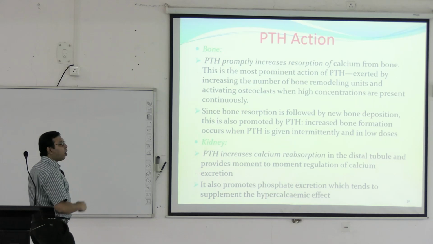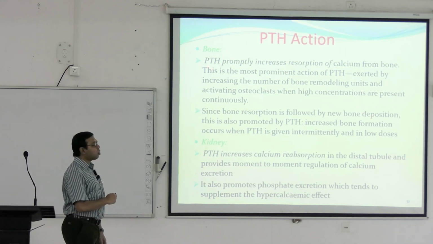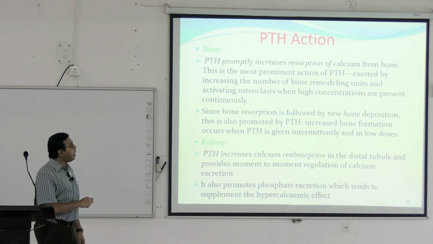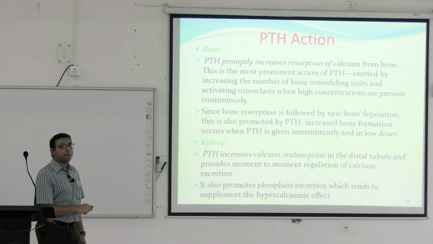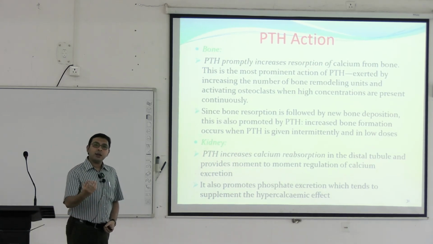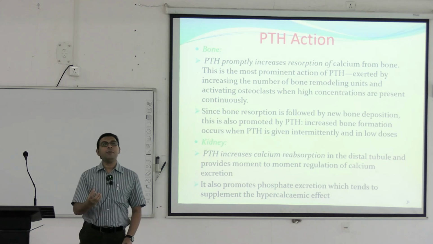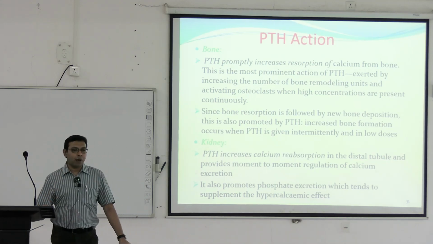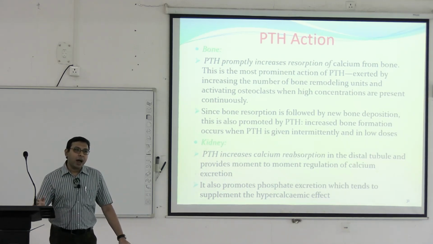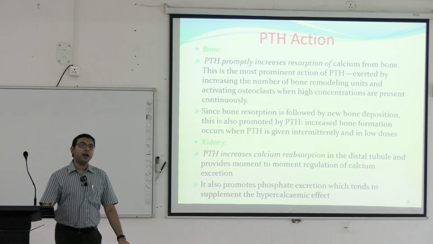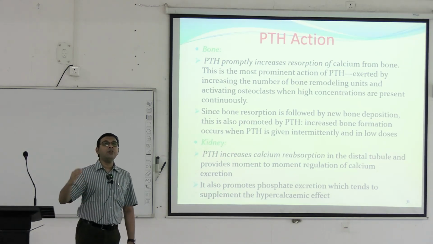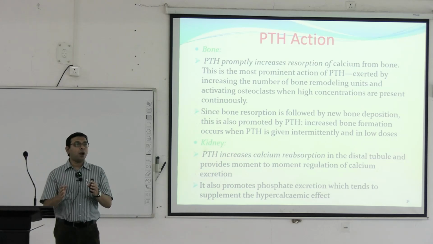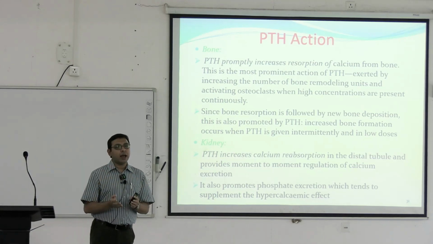In the bones, what does it cause? In the bones, parathyroid hormone promptly increases the resorption of calcium from bone. So when there is hypocalcemia, meaning the calcium level is less in plasma, it has to be corrected. How can it be corrected? It can be corrected by bone resorption. Bone formation and bone resorption go on cyclically.